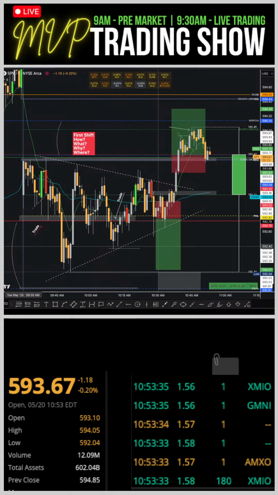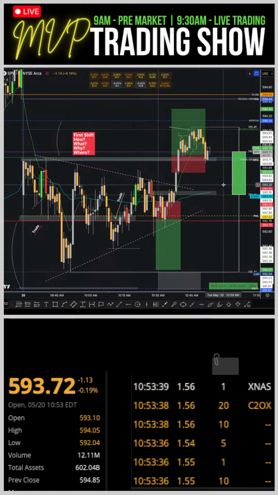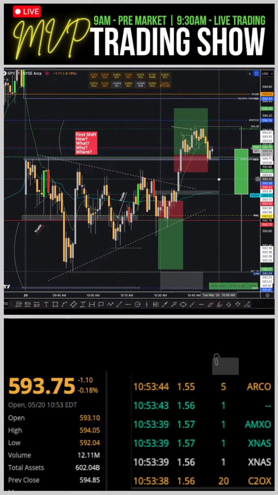Are you still counting on your setups? Are you still counting on your system? Or do you just toss everything out the window and revert to your animalistic behavior? Okay, that's the true sign of what kind of system you have. Not when conditions are ideal. When conditions are ideal, anybody can trade. Right?